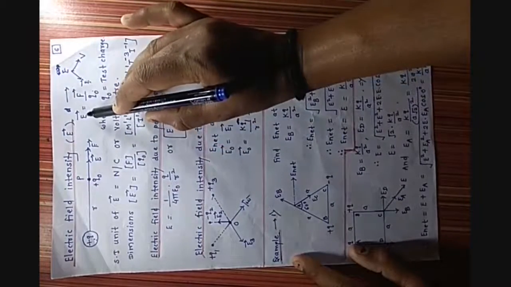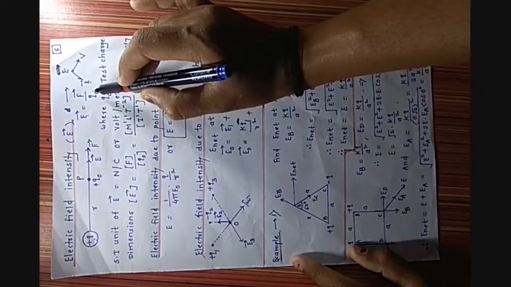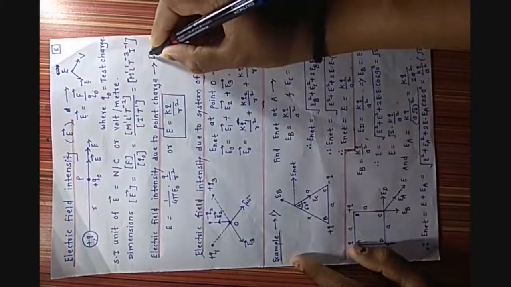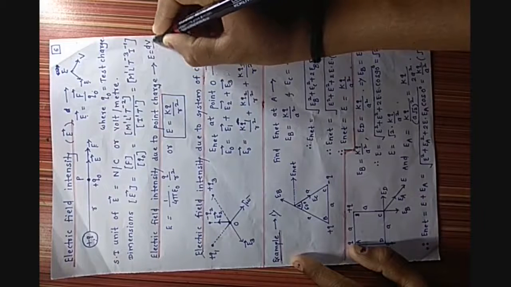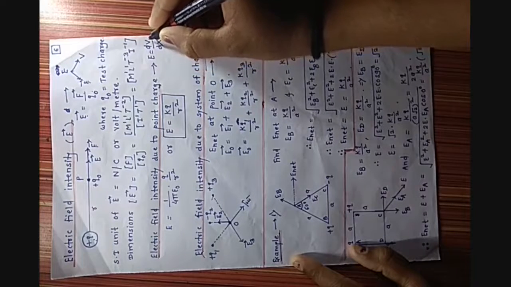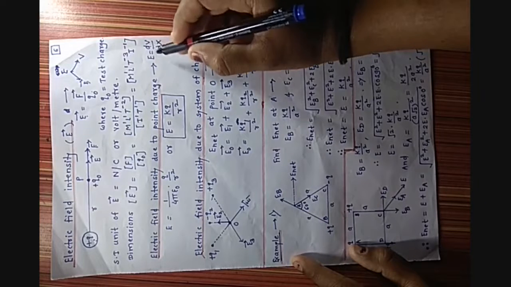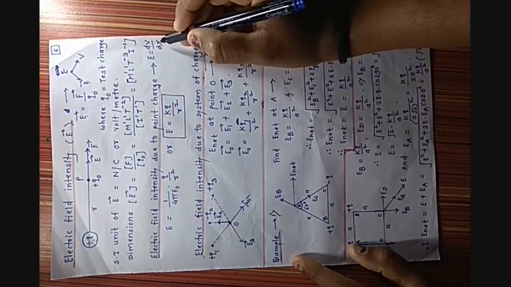So this is all about the electric field intensity. Just learn by heart the formula E equals F upon Q0 in magnitude form. Also E equals dV upon dx. Here V is nothing but the potential and x is nothing but the distance. So E equals dV upon dx.